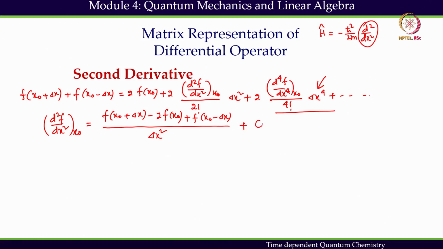So, that is why finally the error is going to be delta x square. That is going to be the error.